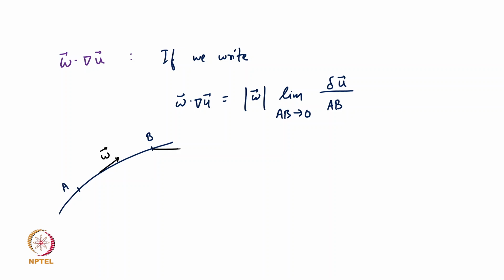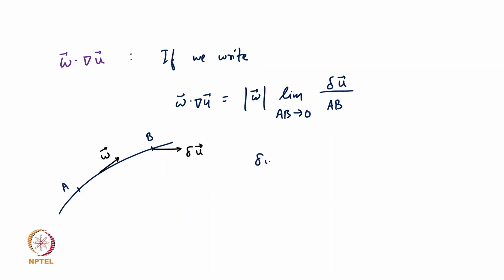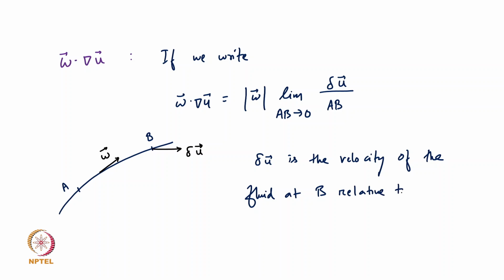So you have a vortex line which has 2 points A and B, and omega is the vector which is tangent to the vortex line at each and every point, and del U is the velocity of the fluid at B relative to that at A. Okay, this is a vortex line.